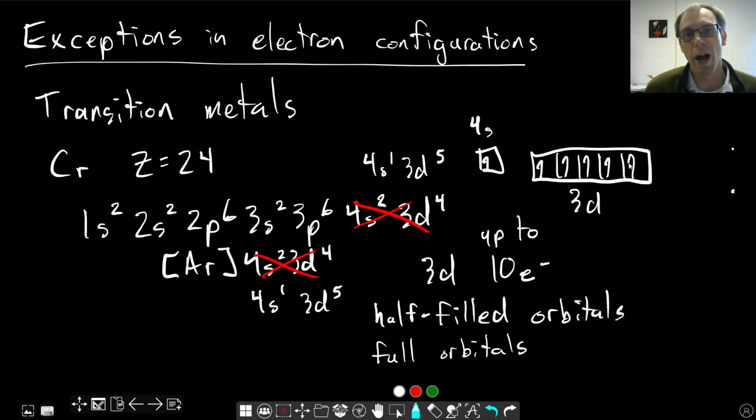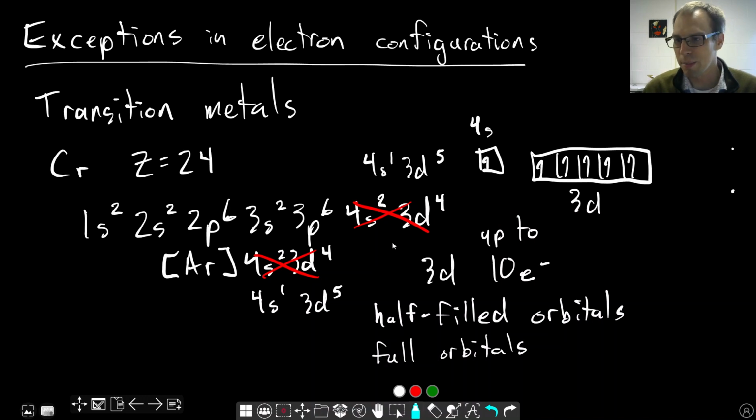So that's the reason why this is an exception: it's more favorable to have that half-filled 3d subshell than to have our full 4s orbital. It's not obvious that that would be the case without doing measurements, but through measurements, we've been able to determine that this is what actually happens in chromium.